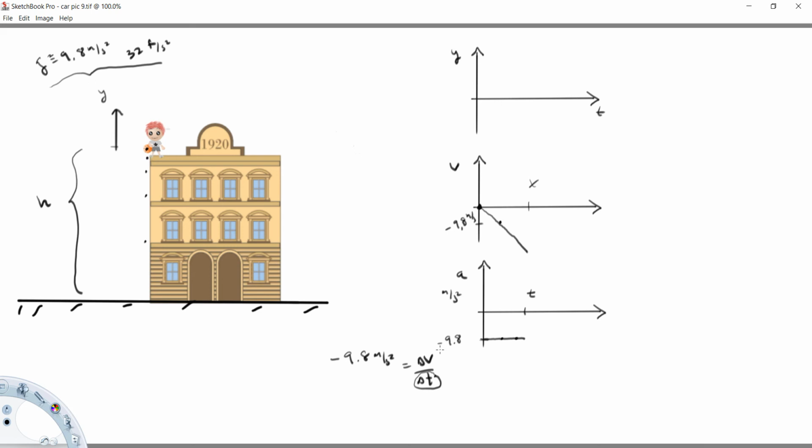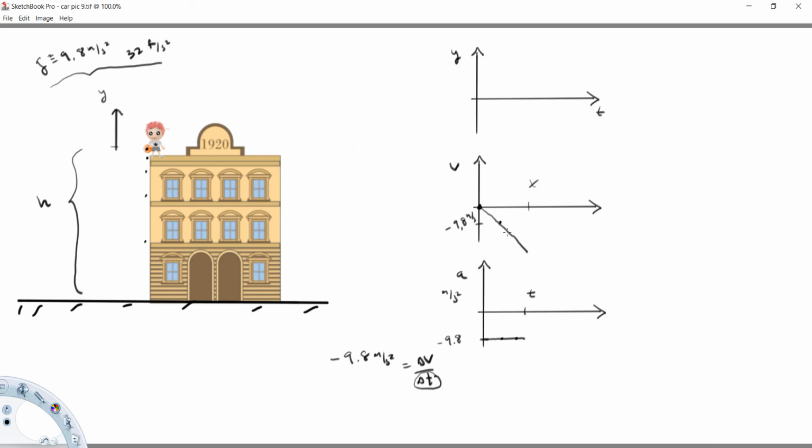That's why the acceleration is negative 9.8. The actual interpretation of that minus sign is opposite. It doesn't directly mean down. It means opposite of what we're calling positive. The velocities also point down, and that's why they're negative, because the velocities are opposite of what we're calling positive.